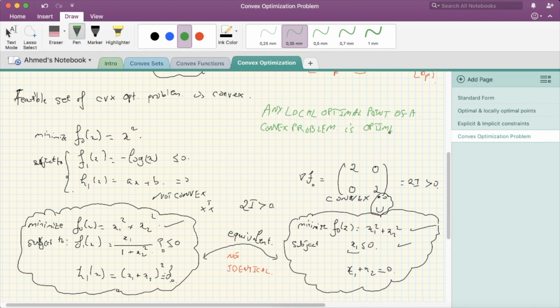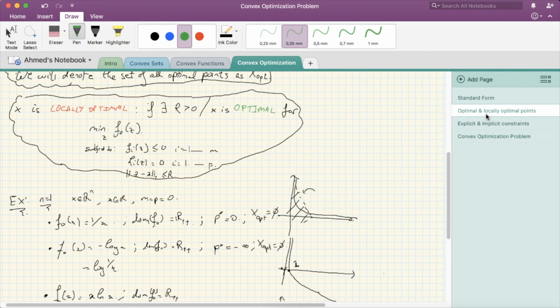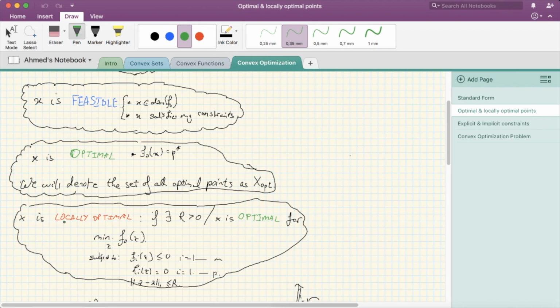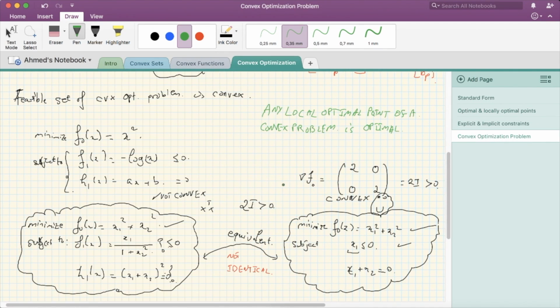And by optimal, we mean globally optimal. It solves our problem. So if we go back here, any x that is local optimal of a convex optimization problem is globally optimal, or is the optimal solution to our problem, right? So this is one really important feature or property for convex optimization problems.